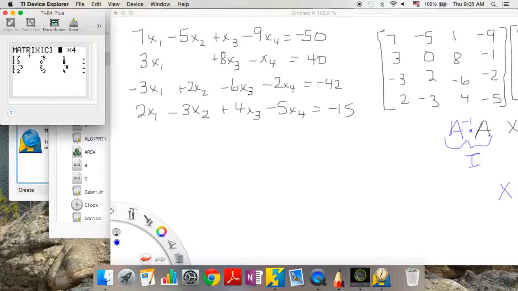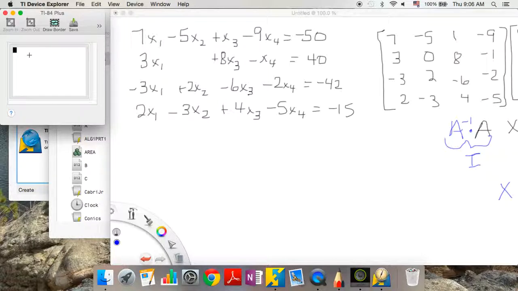And then you also need to edit one of your matrices to be the answer column. Now, I've called mine C and D just for ease so that I could leave them in there. It doesn't really matter. Now, once you have them entered in there, and go ahead and pause it if you need to get everything all entered in, you need to go back to the home screen once you've got that done.